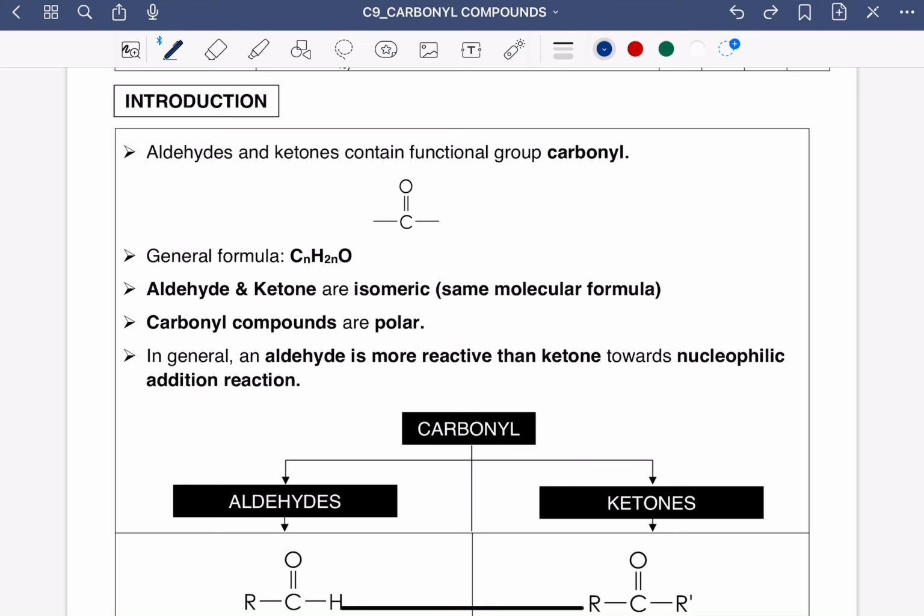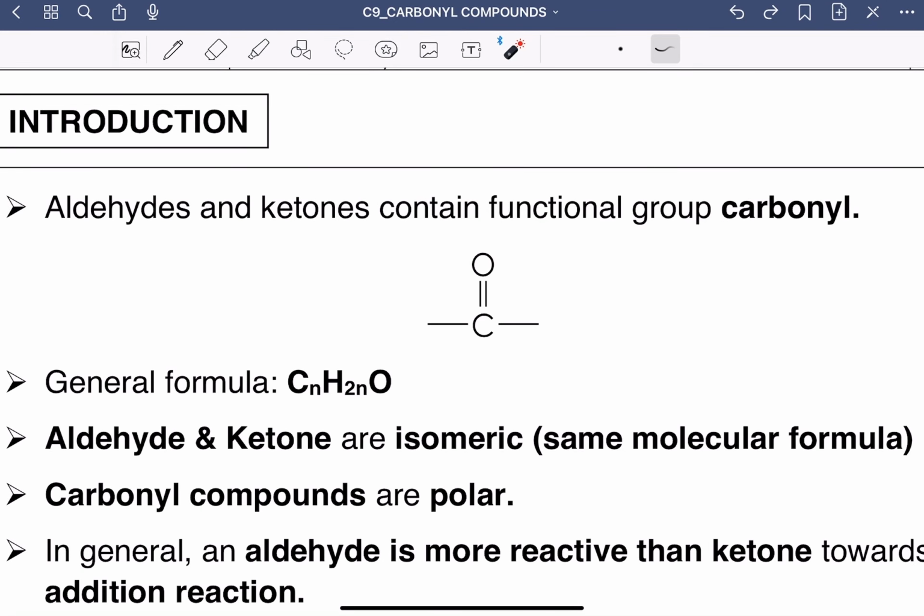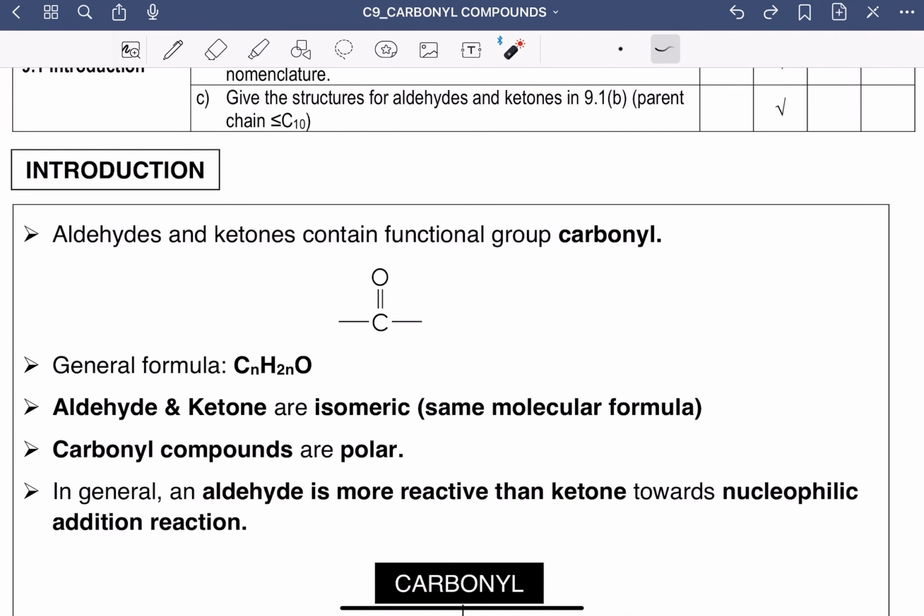If we want to say carbonyl, it must have this structure, which is C double bond O. The general formula for carbonyl is CnH2nO, and aldehyde and ketone are isomeric to each other, which means they have the same molecular formula but not the same structural formula. This is what we call functional group isomerism.